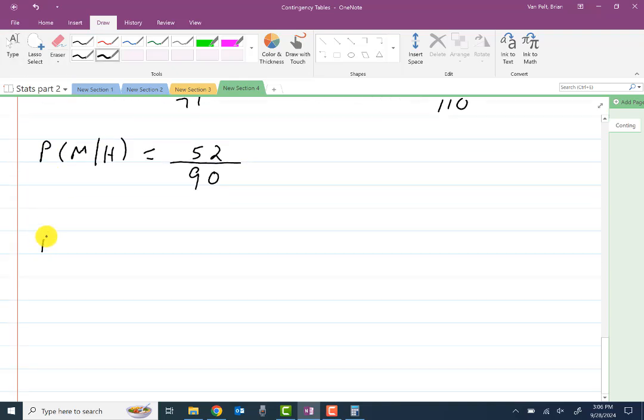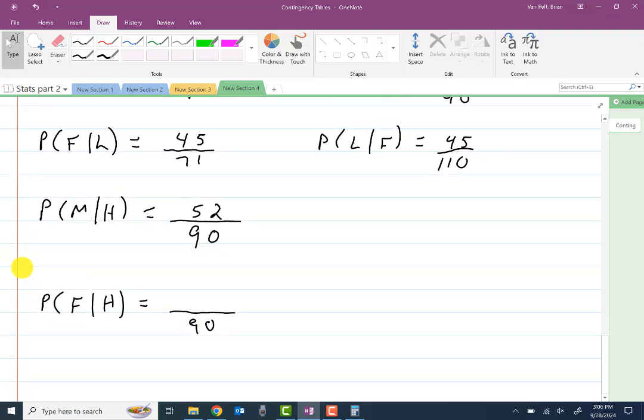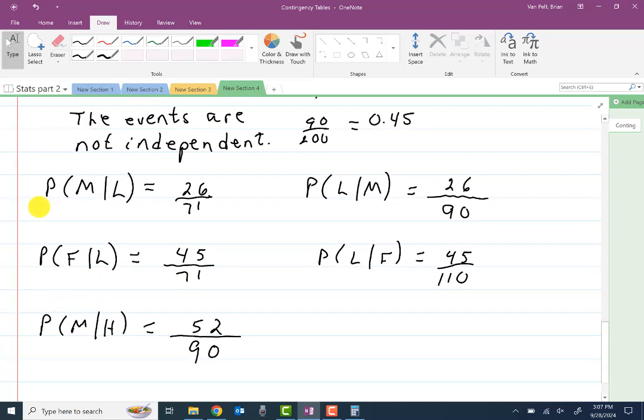Let's try some with the females. Probability of female/hill. Well, based on this one up here, I already know the denominator is 90. And of those 90 that prefer the hills, how many are female?